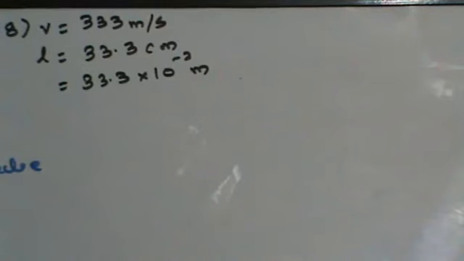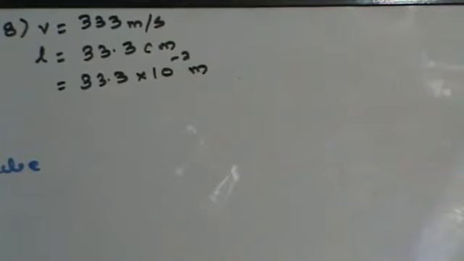Find the frequency of the fifth overtone if the pipe is, first part of the question, closed at one end. Second part of the question, open at both ends.